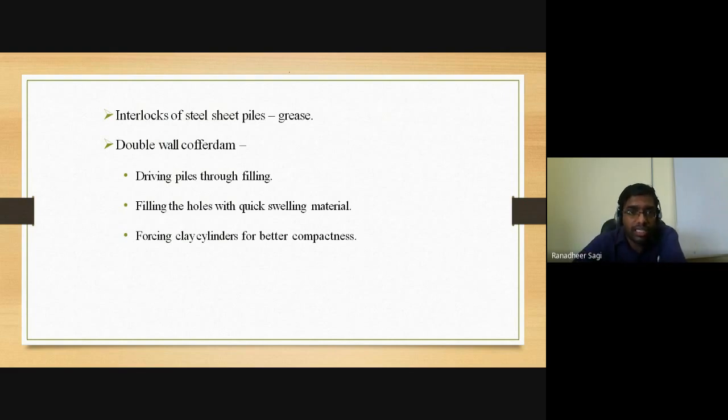So in the case of your double wall coffer dam, as you are trying to drive piles through the filling material on either side of your sheet, you are trying to minimize the effect of the seepages or leakages which are expected to happen. And you can also use some type of material filled in between those two sheet piles which are running parallel to each other.